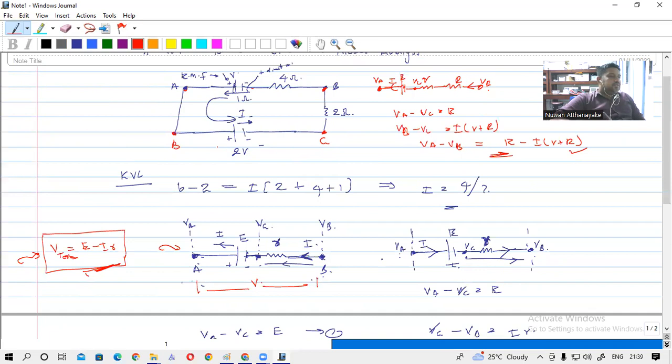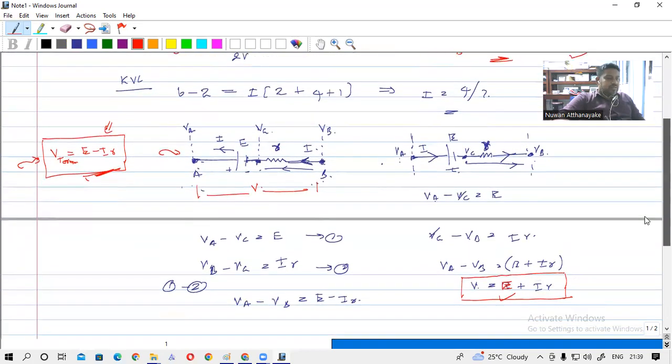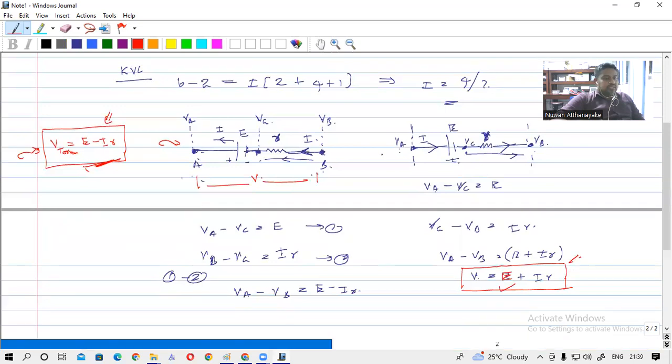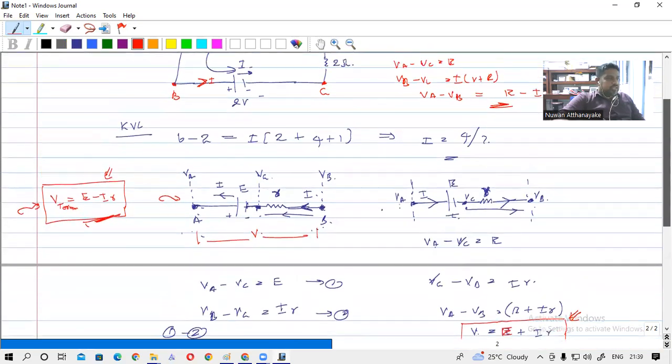So you can see that you can apply the same theory. So here the current is flowing, and at this point the current is going inside the battery. But this battery doesn't have an internal resistance. In this case we have to consider this one because the current is going into the battery.